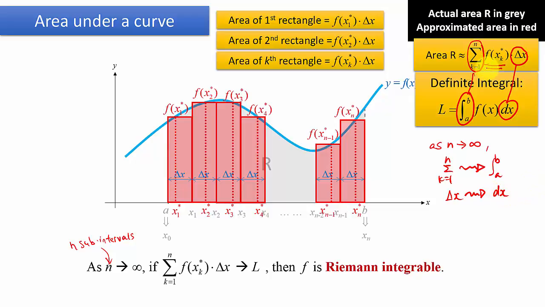And this f(x) notation becomes this f(x) notation. Such changes are due to the limiting condition as n goes towards infinity. This is how the definite integral comes about.